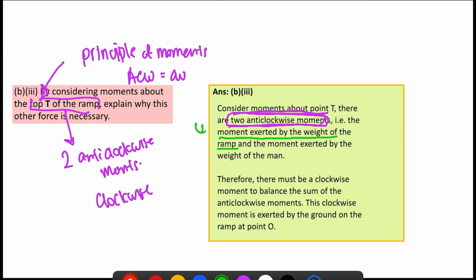The second one is the moment exerted by the weight of the man. So to be in equilibrium, there must be a clockwise moment to balance the sum of the anti-clockwise moments. This clockwise moment exerted by the ground at the point O is necessary to balance it up.